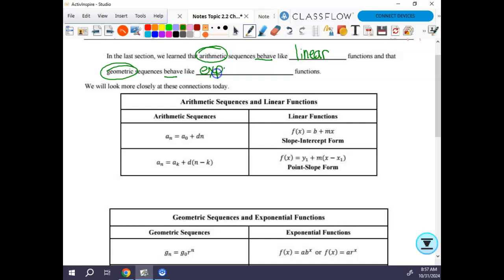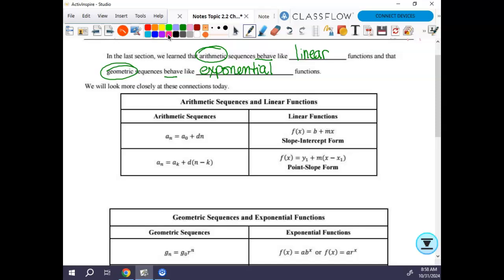Exponential, good deal. So we are doing all of this. We are leading into talking about exponential functions. But we're going to make a connection today, which I slightly mentioned as we were going through the other stuff, a connection between these actual functions.